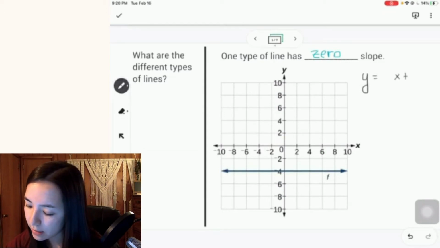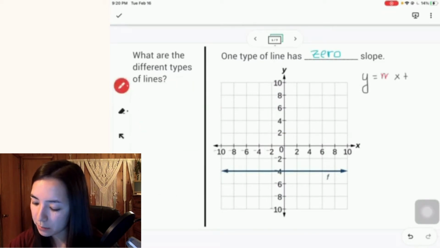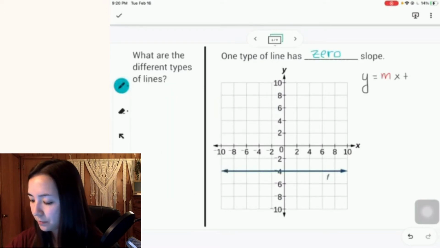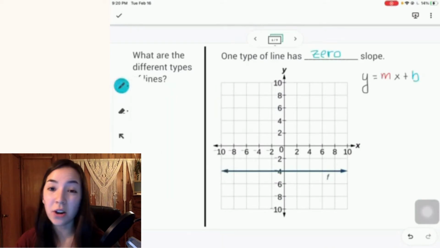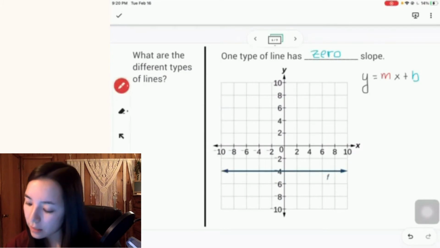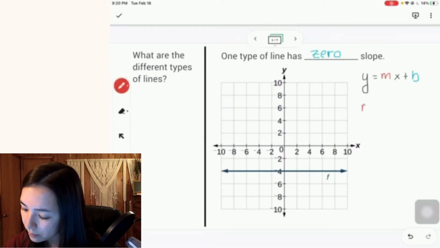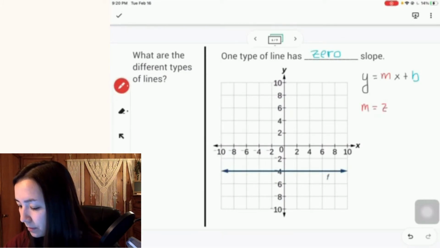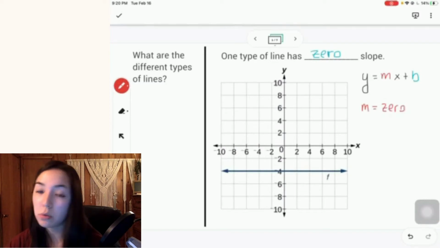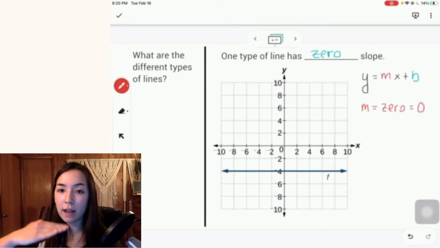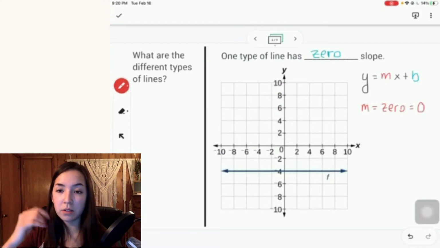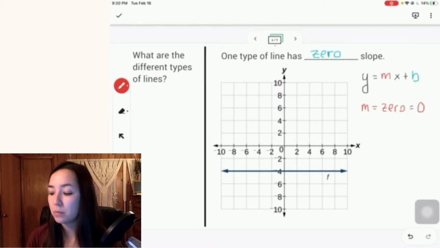Y equals mx plus b. Well, we already know when it's a flat line, our slope is 0. M equals 0. There's no rise, which means it would be 0 divided by some number, just 0.